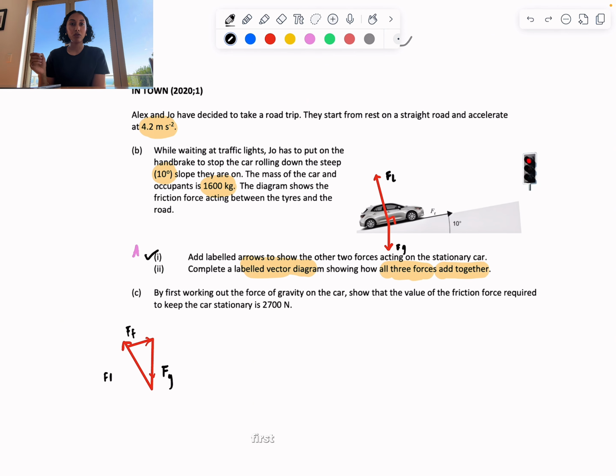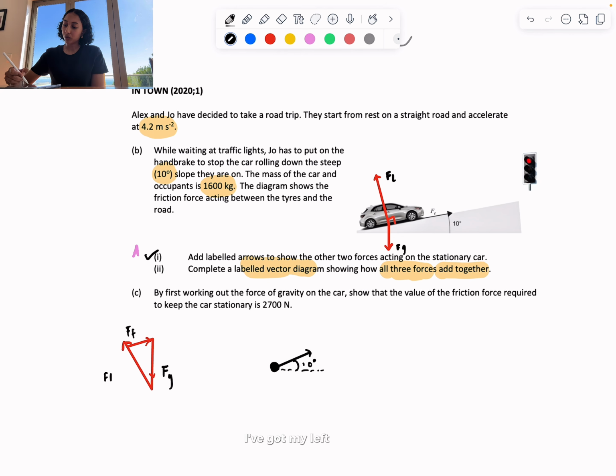What I want to do, first step, is to simplify that diagram that we've done. So I like to simplify like this. I've got a little car as my dot, and then I know that we've got a friction force going at 10 degrees to the flat surface.